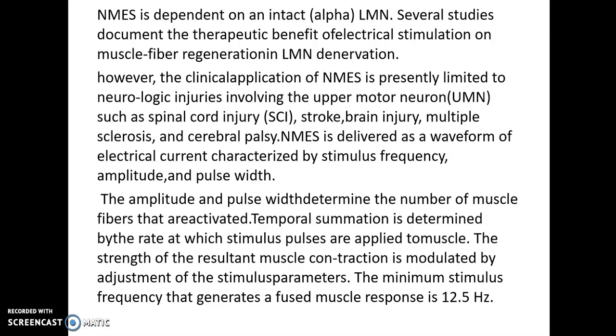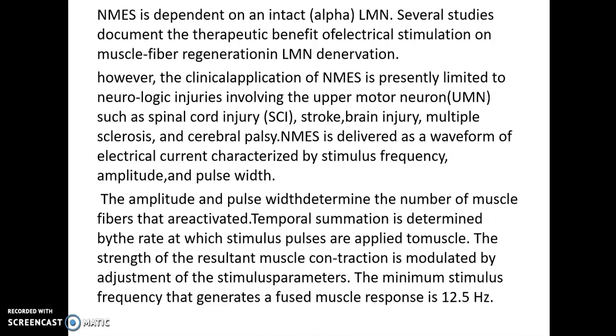suturing of the nerve. However, clinical applications of NMES is presently limited to neurological injuries involving the upper motor neuron, such as the common severe injuries such as spinal cord injury, stroke, CVA, brain injuries, any road traffic accidents leading to brain injuries, multiple sclerosis, cerebral palsies.